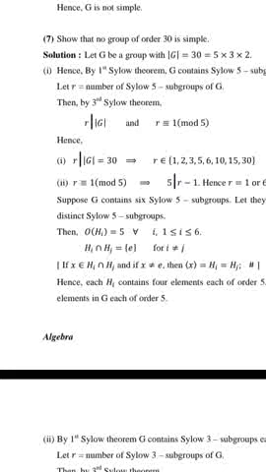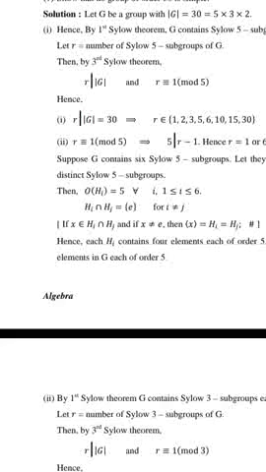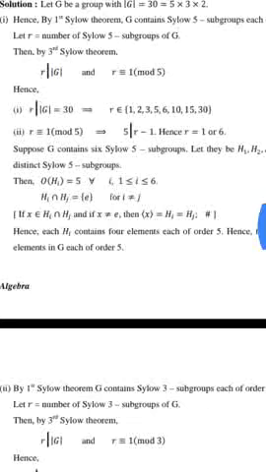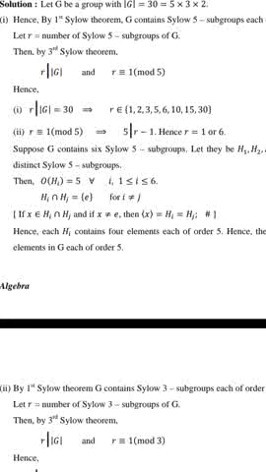Then the order of Hi is equal to 5 for 1 less than or equal to i less than or equal to 6. Hi intersection Hj is the singleton identity for i not equal to j. If x belongs to Hi intersection Hj and x is not equal to e, then the group generated by x is equal to Hi is equal to Hj.